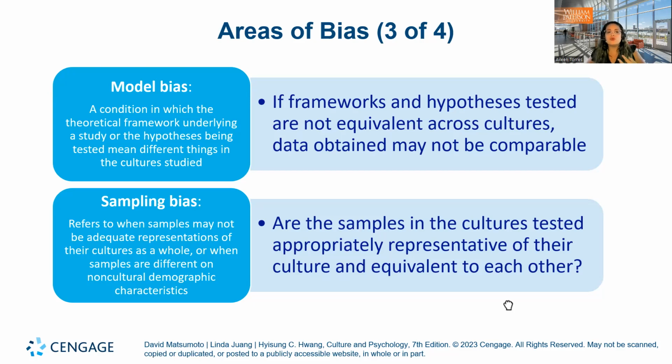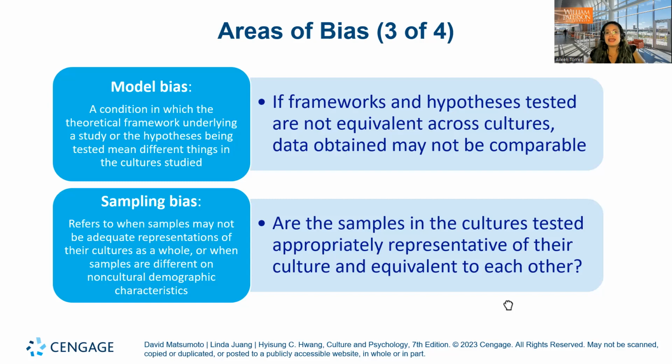So you want to make sure that when you develop your theoretical model, you're studying the hypotheses that are being tested in the different cultures and understanding why they might be different across cultures. You might want to make sure that you test each framework and hypothesis within a culture before you start doing cross-cultural comparisons.